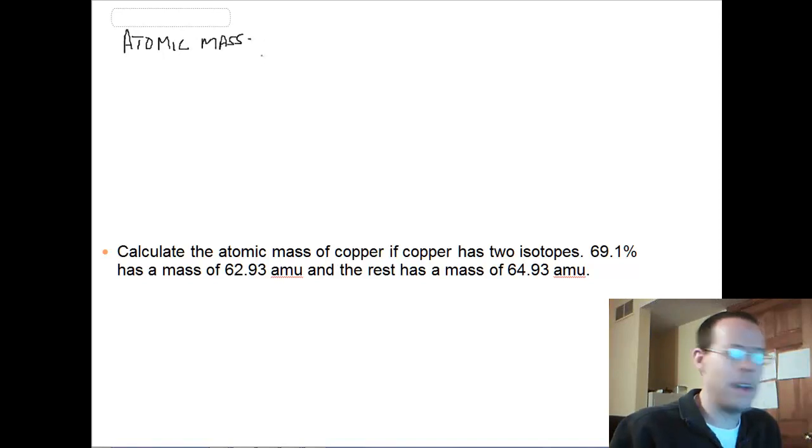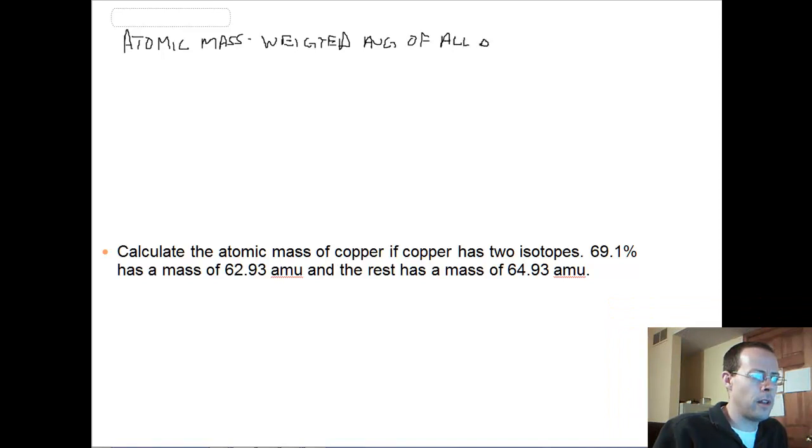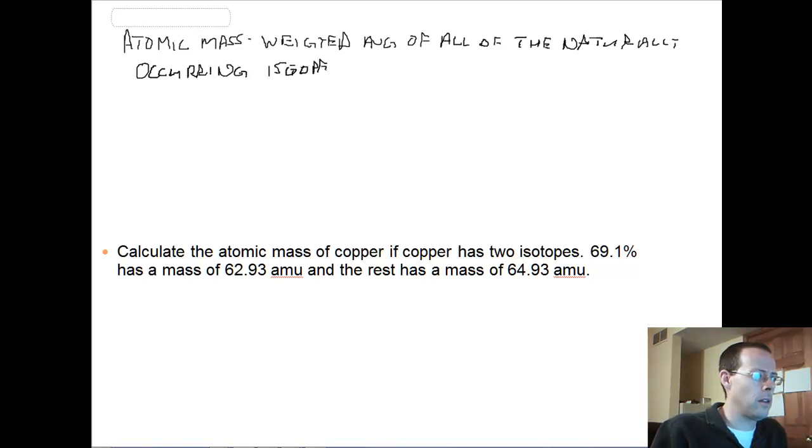And atomic mass is a weighted average, which is how your grade is calculated in my class, of all of the naturally occurring isotopes of an element.